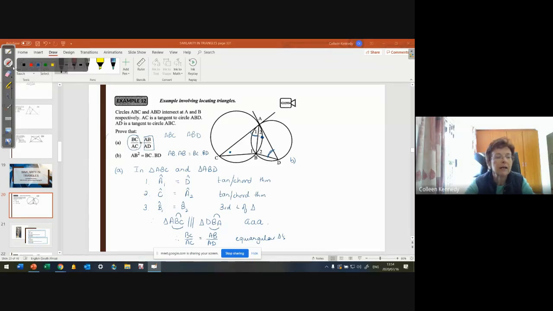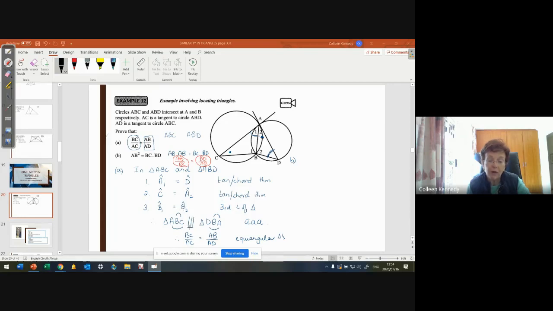If we change the color here, we can undo this cross multiplication and it would be AB over BC equals, what are you left with here? BD over AB. So all of that is the same. And again, does that form the first triangle that we chose? And does that form the second triangle that we chose? And it does. So this part, the scribble here, is really what you're thinking.